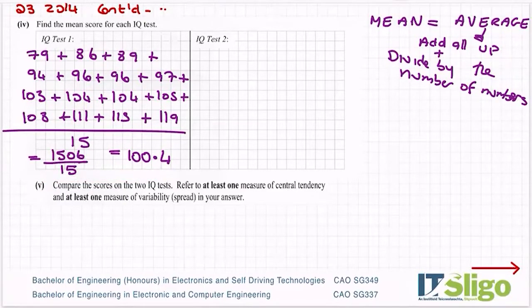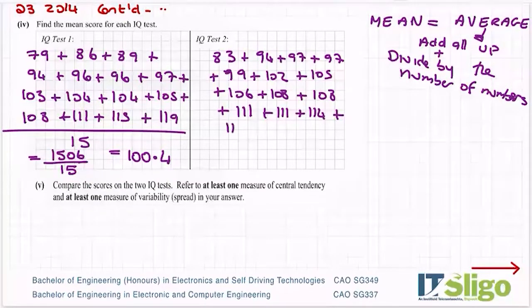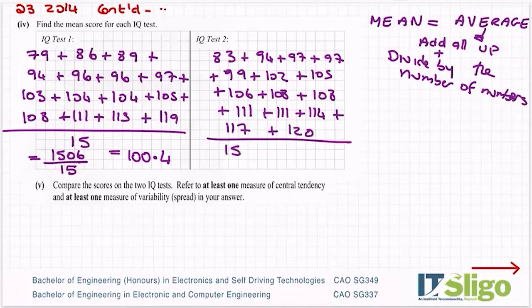Okay, and then for IQ test 2, it's the exact same idea. Again, we add them all up. So 83 plus 94 plus 97 plus 97 plus 99 plus 102 plus 105 plus 106 plus 108 plus 108 plus 111 plus 111 plus 114 plus 117 plus 120, and again all divided by 15.